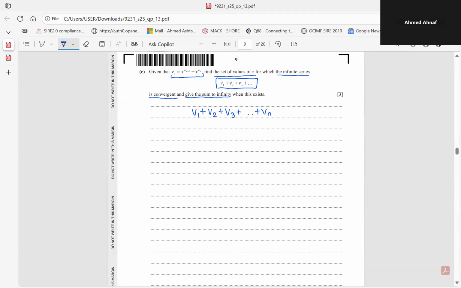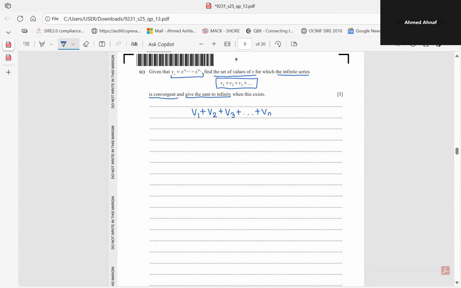In order to make sure that happens, our x can either be 1 or -1, or it can be between 1 and -1, so basically a proper fraction. Okay, so first let's write down x equals plus or minus 1.